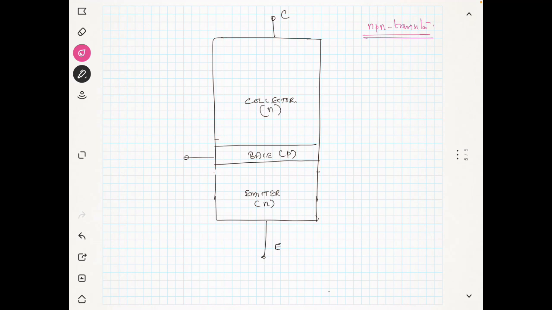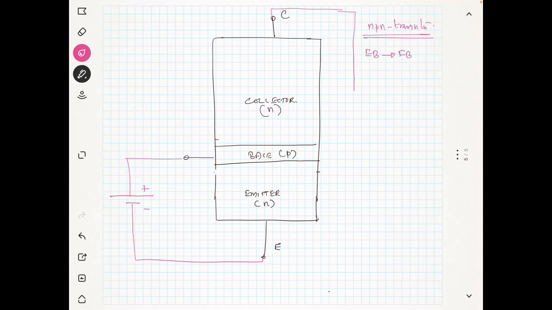For the N region you can give negative, and for the P region you can give positive. That means the emitter base junction is forward biased. Now at the collector base junction, you can connect like this.